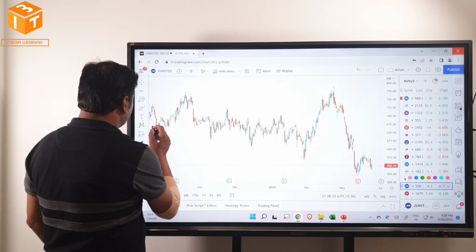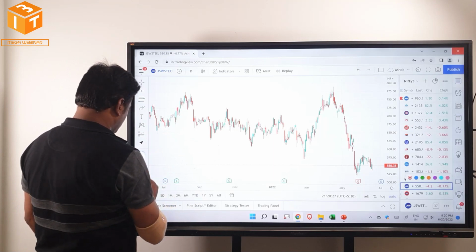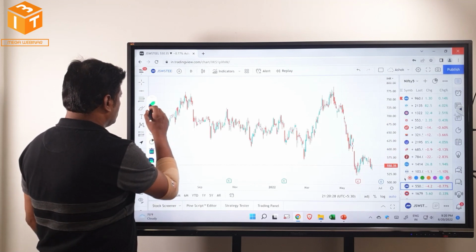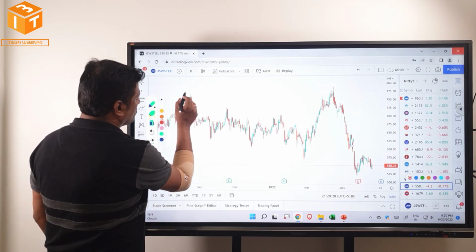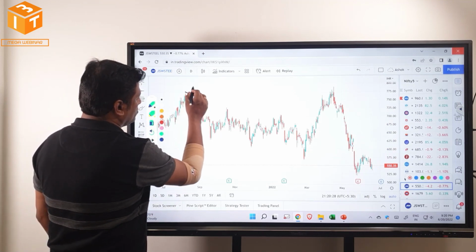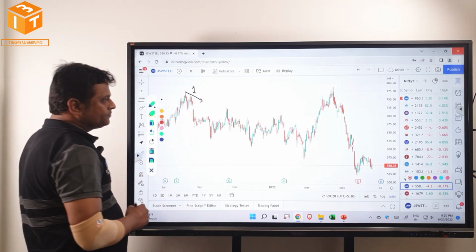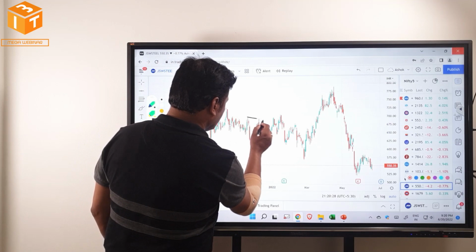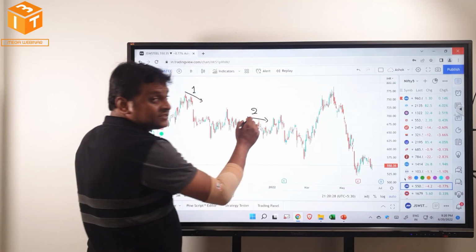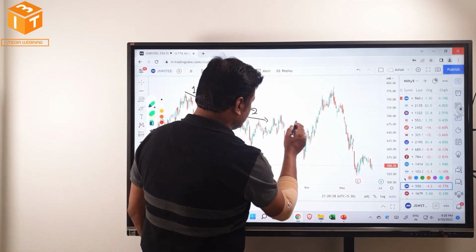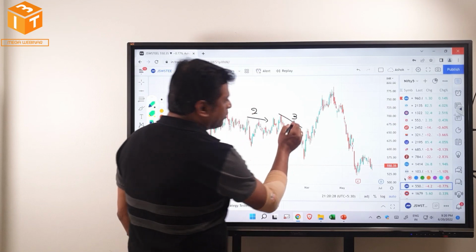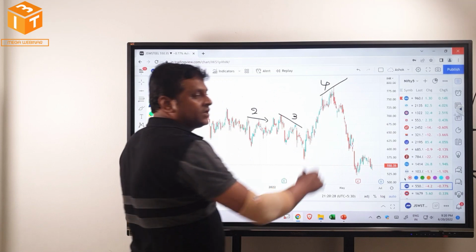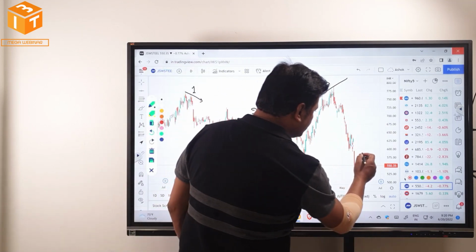Same repeatability. Can you draw this trend line?